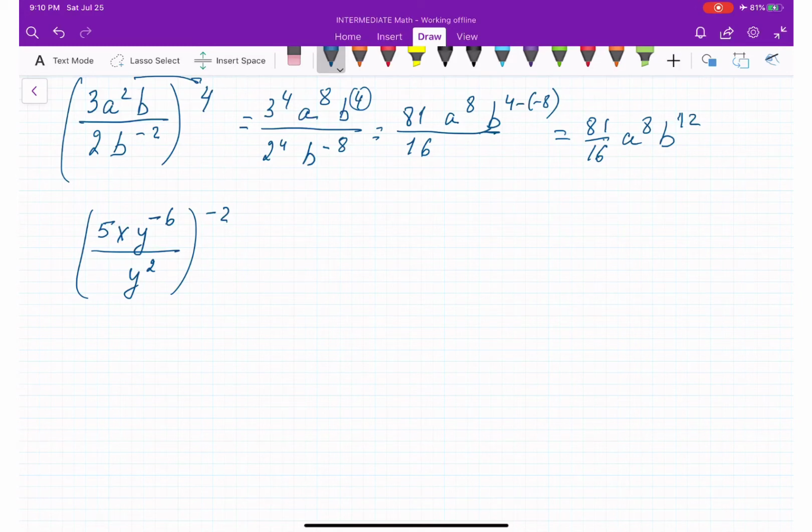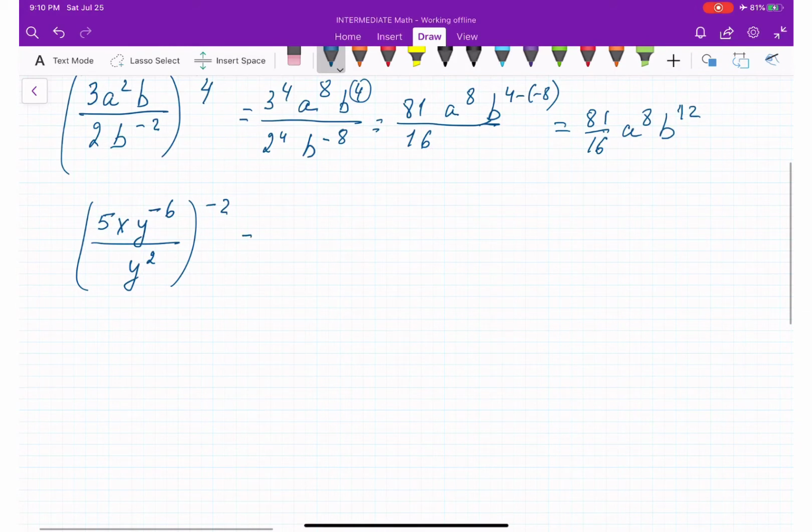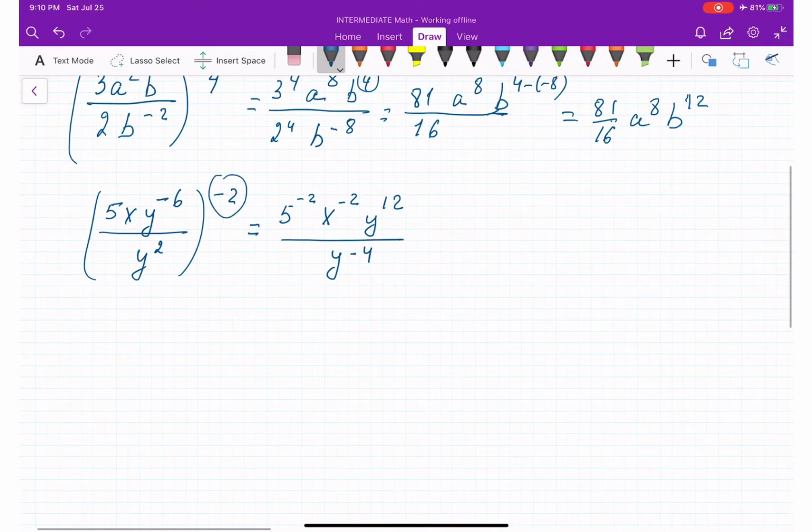Okay, this is going to be equal to 5 to the power negative 2, x to the power negative 2, y to the power positive 12, negative 6 times negative 2 is positive 12, and y to the power negative 4, because you distribute this negative 2 to every single term, right?